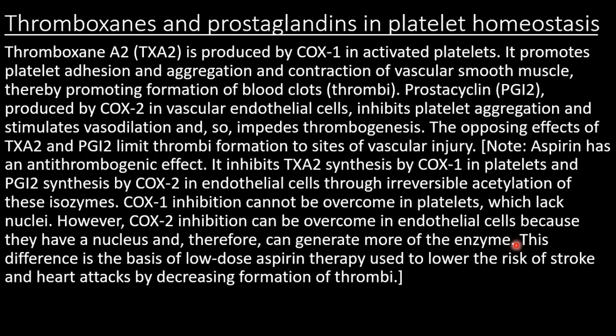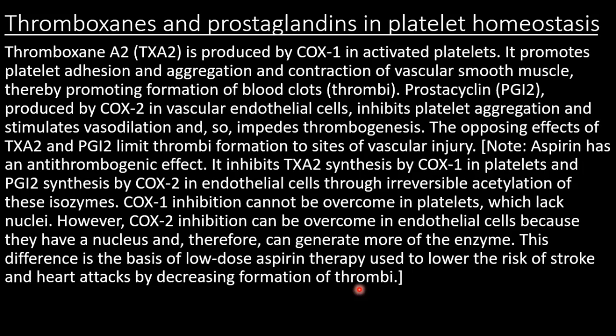So low doses of aspirin can be used to lower the risk of stroke, cerebrovascular accidents, and heart attacks by decreasing formation of thrombi. How? They inhibit COX-1 selectively in low doses.